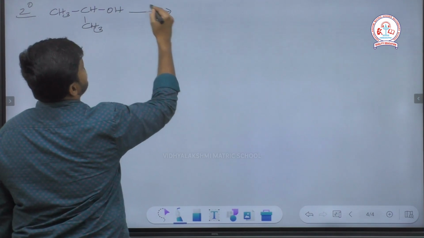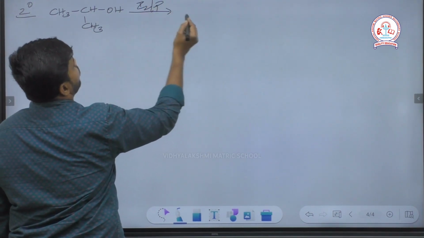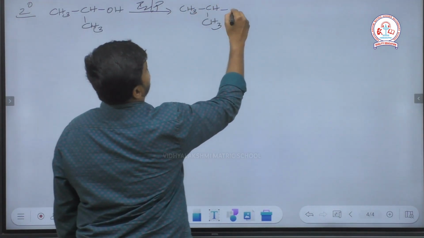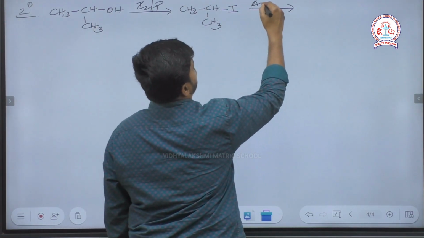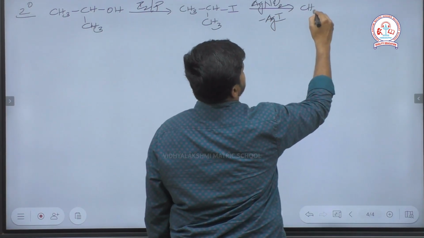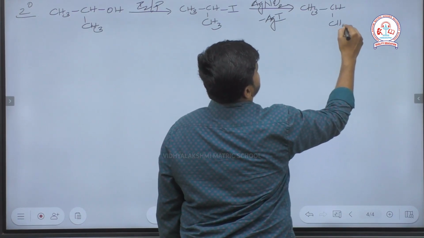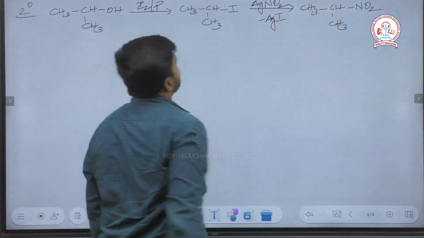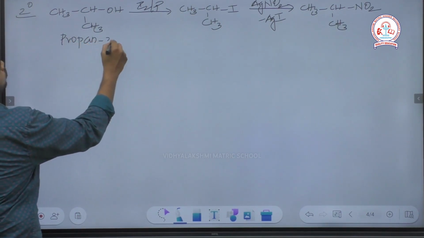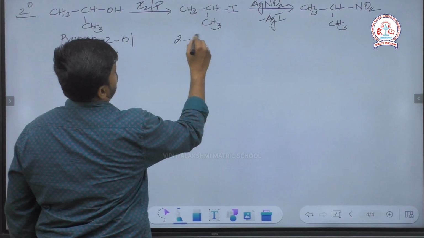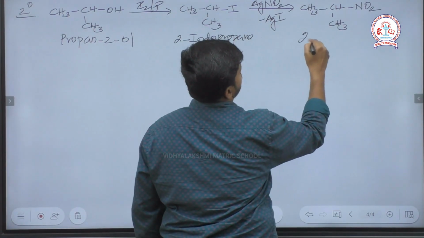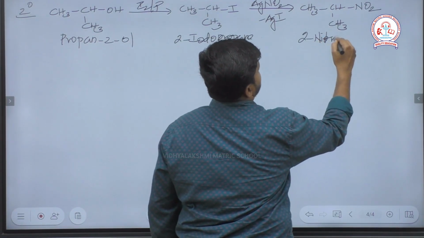The same sequence of reagents: iodination in the presence of phosphorus, OH will be replaced by I, so here it is CH3CHICH3. This is 2-iodopropane. Then when it is treated with AgNO2, silver nitrite, Ag will take up the iodine and goes as AgI, thereby here it is CH3CH(NO2)CH3, 2-nitropropane.